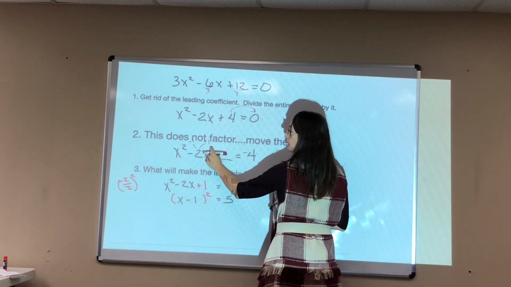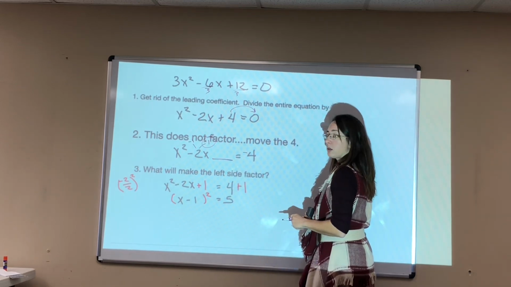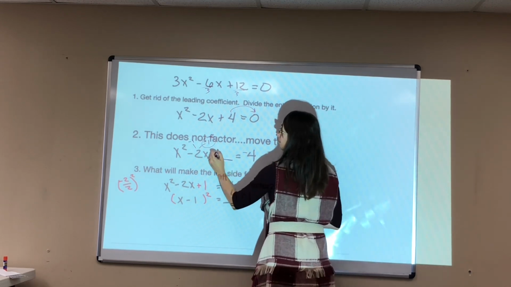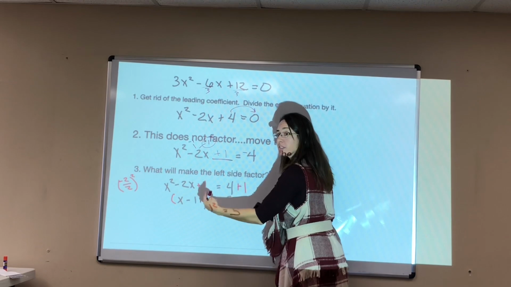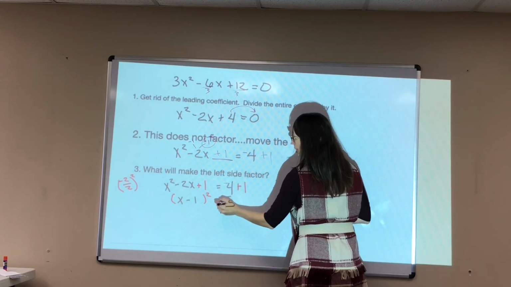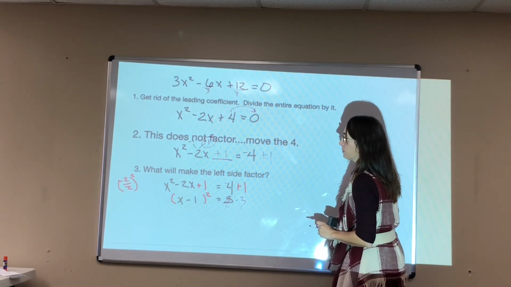So now I take this value and we're going to square it. Negative 1 squared is positive 1. Right? But if I put a positive 1 on the left side, I have to do it on the right. Put a positive 1 on the right side. Okay?